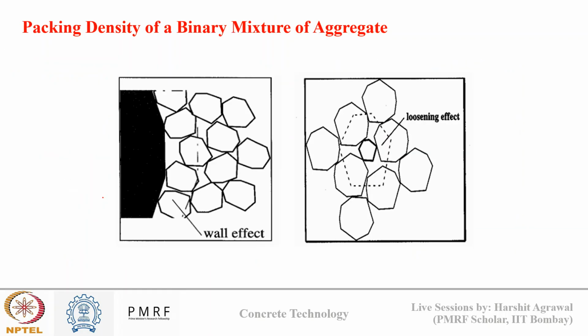As the size of fine aggregate approaches the size of coarse aggregate, there are two problems that come in the interaction of these aggregates. First is the wall effect, which is due to increased air voids near coarse particles or other boundary.